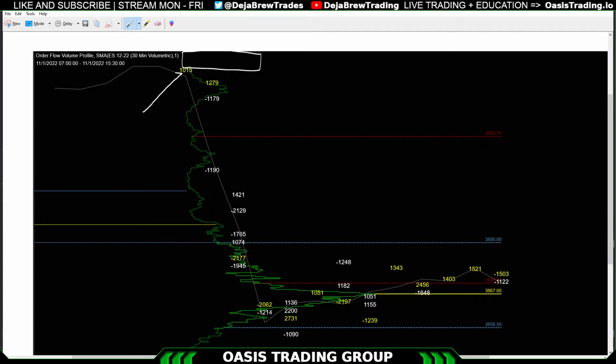So these contracts right here, they bought the high of the day. These contracts nearly bought the high of the day, but it was actually a lower high, but they still did not see any profit.